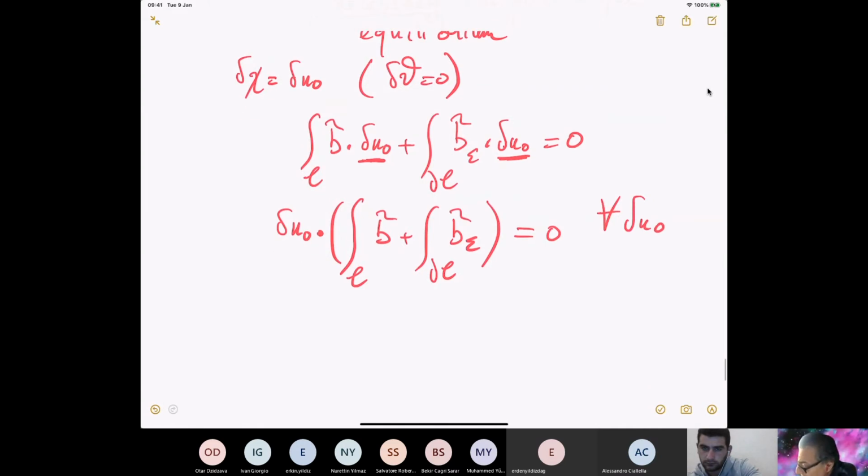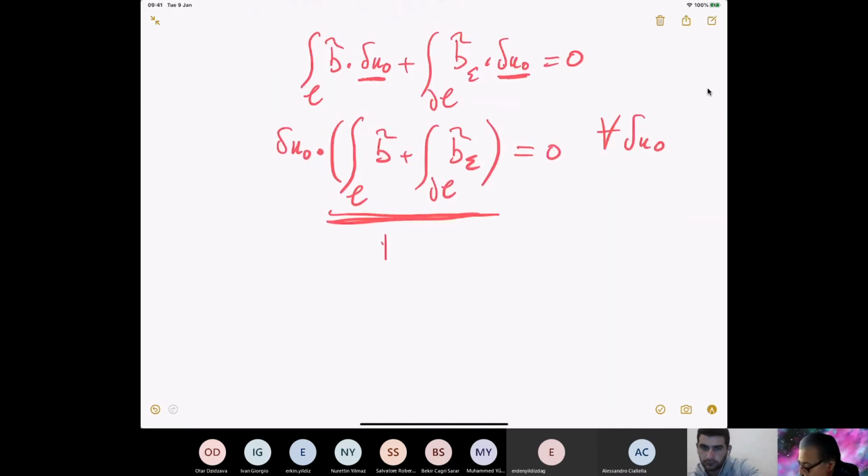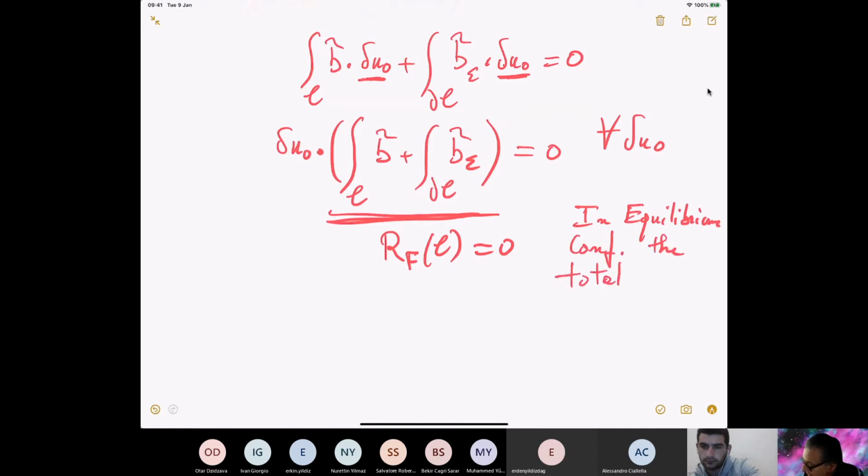If I call this the resultant force applied to the body C, I find as a consequence that in equilibrium configurations, the total resultant force is vanishing.